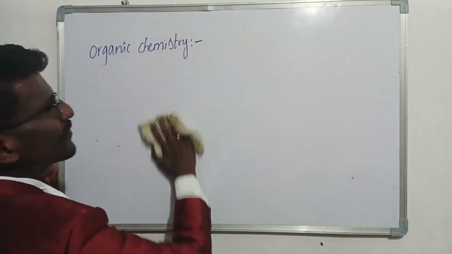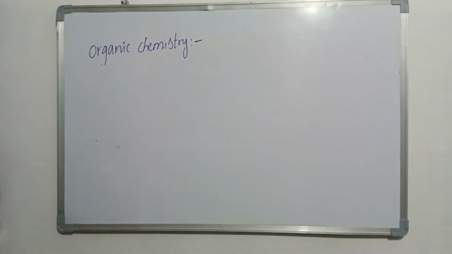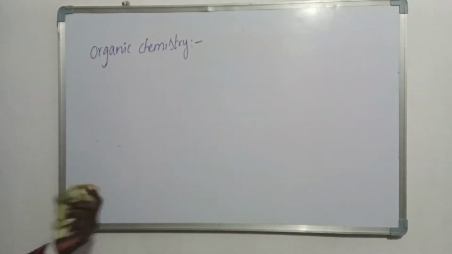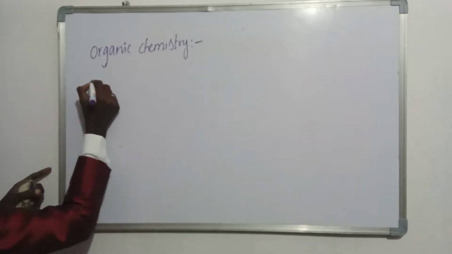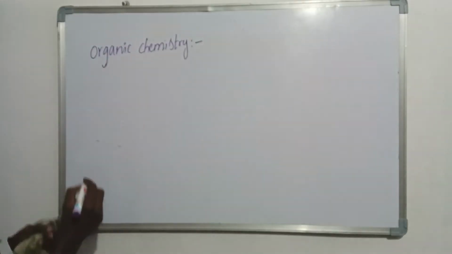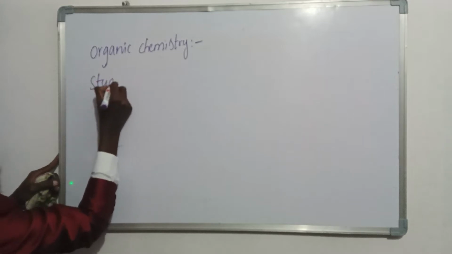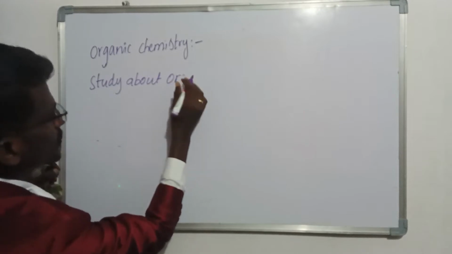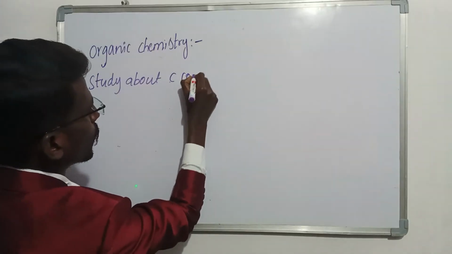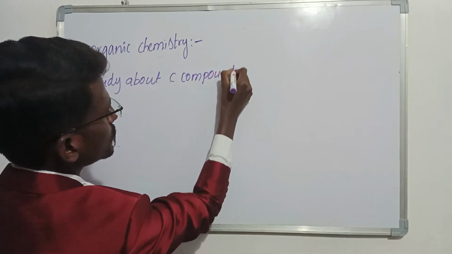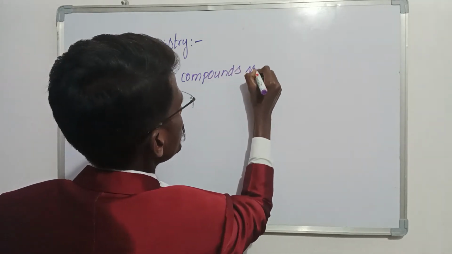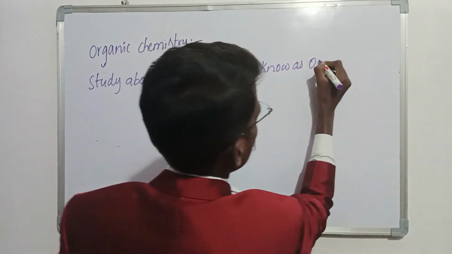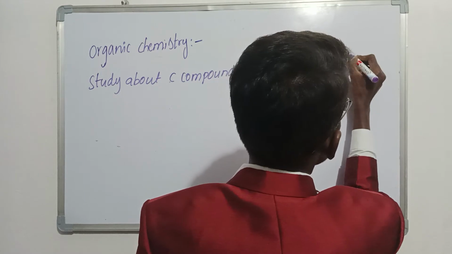So then I will tell one definition. The organic chemistry and inorganic chemistry: the study about carbon compounds is known as organic chemistry.